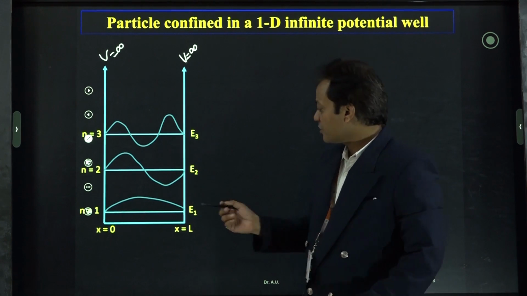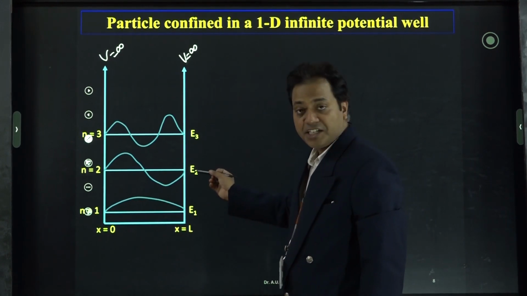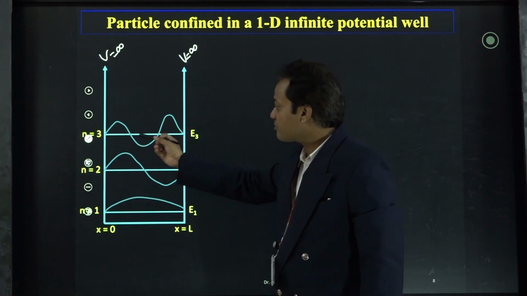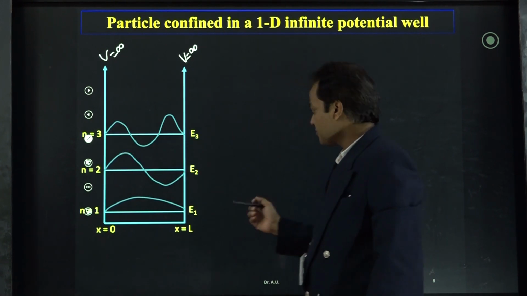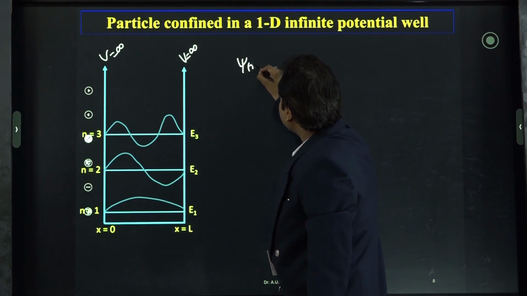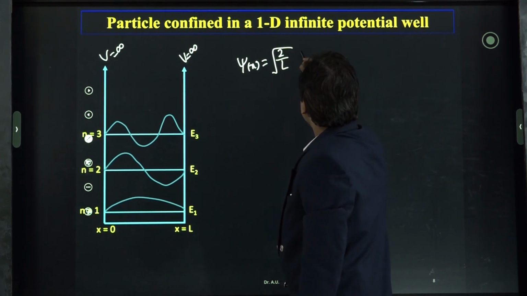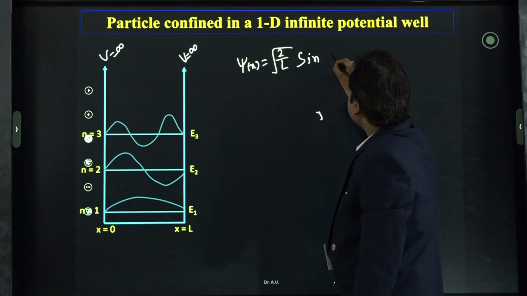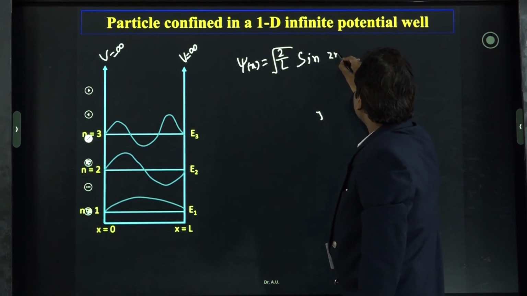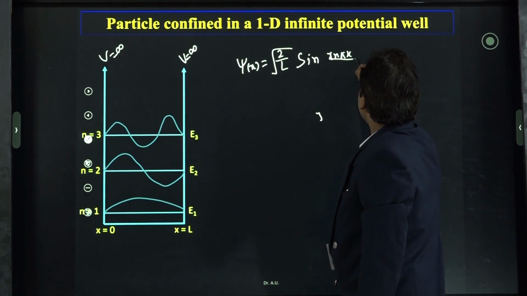For the first wave function, we have E1, E2, E3 corresponding to n1, n2, n3. And if we check the wave function's value also, psi of x is written as the square root of 2 by L times sine of n pi x over L.